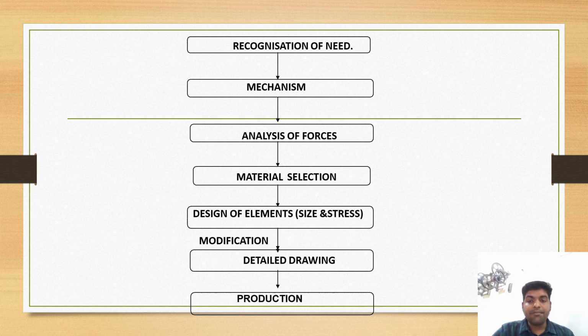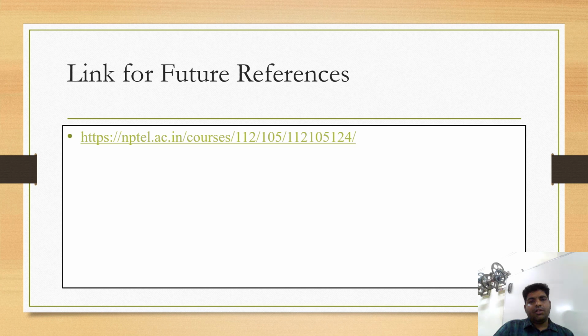Then, after completing all the processes, go for production. Before production, it is required to work out the bill of materials and cost of material. After all these things, go for production and produce the final product.